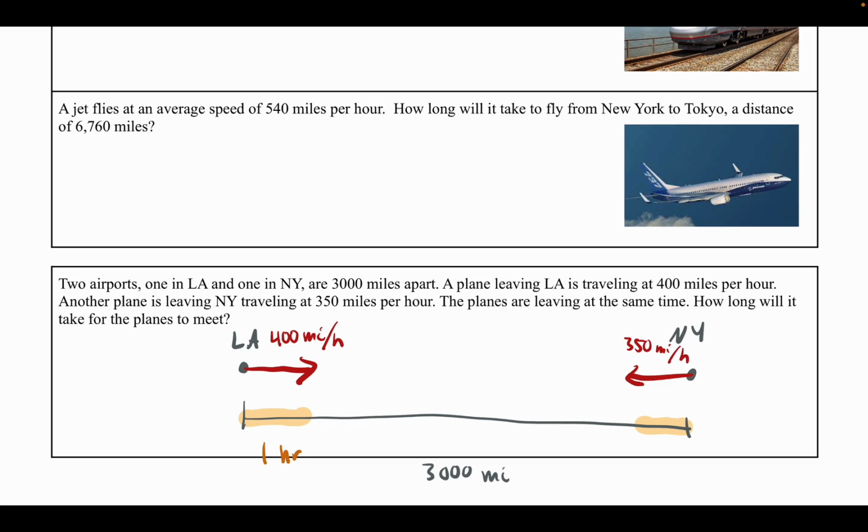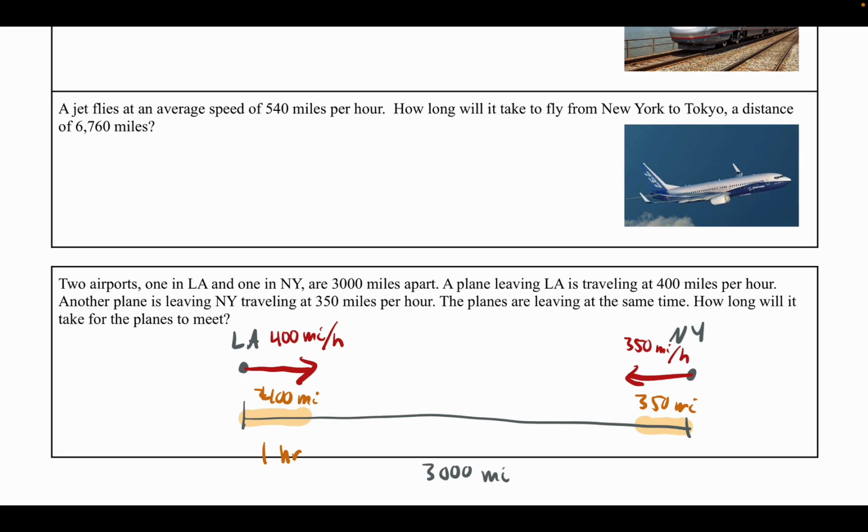And by that far, I mean this plane's going to cover 400 miles and this plane's going to cover 350 miles, right? So overall, of the 3,000 mile distance between these planes, 750 miles has been covered thus far, and there's all of this distance yet to be covered.